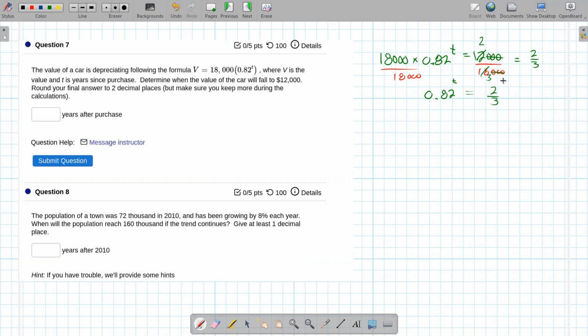Then the next trick is we use the log on both sides. So log of 0.82 to the t, just like before, different base, equals log of, in this case, I have 2/3 there. The t pops out of the log. So I get t times that log.